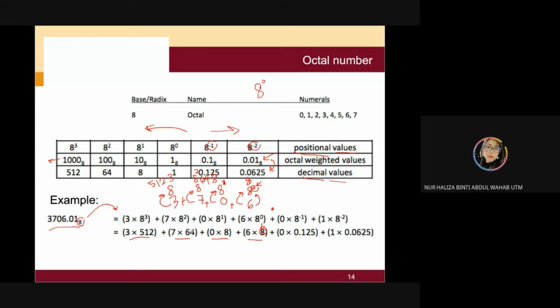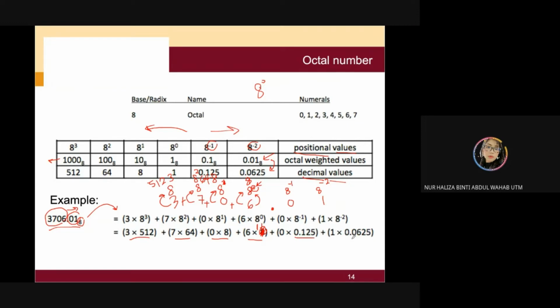But this one is wrong. This will be 1. And this is on your left side, this value. And now when you go to your right, it is also similar. You will have 8 to the power of minus 1 and 8 to the power of minus 2. The value of 8 to the power of minus 1 is 0.125.